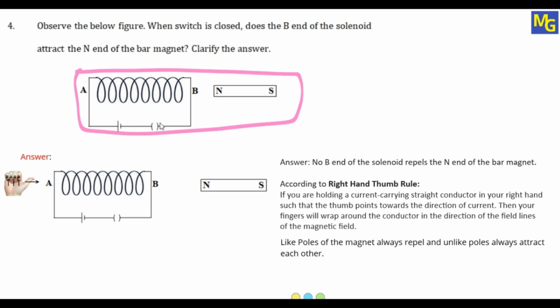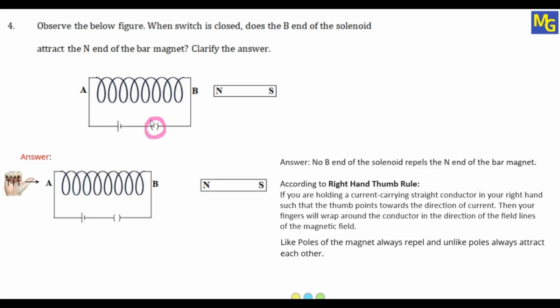Now here, if you see, this switch is actually open, so current cannot pass from one end of the wire to the other. But they have asked, if the switch is closed, does this B end of the solenoid attract the N end of the bar magnet? This is the question, and then you have to explain your answer. You have to give the reason for your answer. So we will solve this.